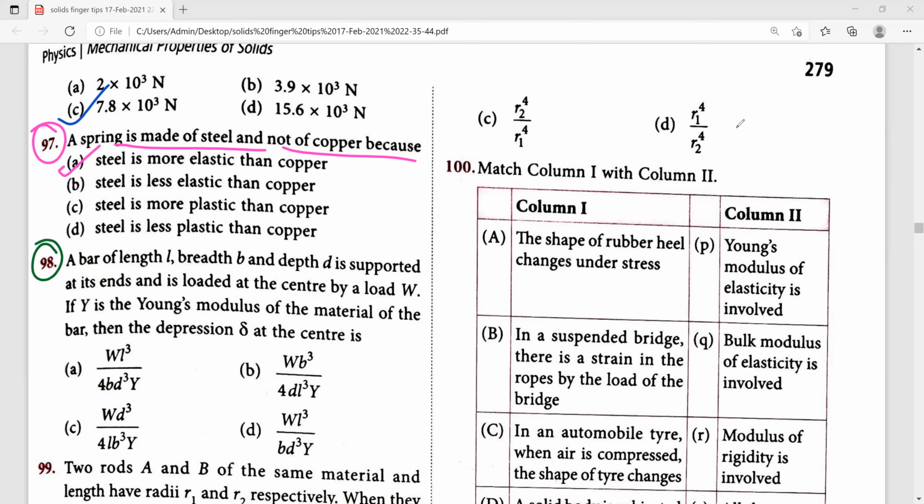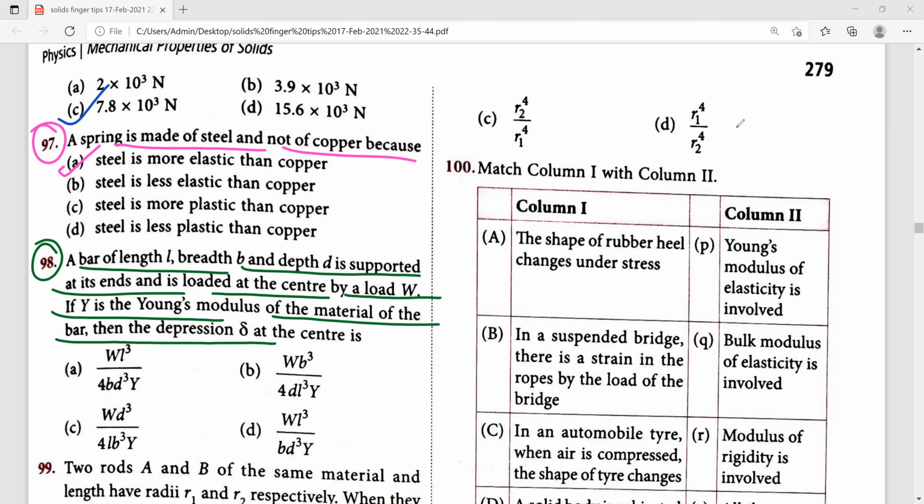98th one. A bar of length L, breadth B, depth D is supported at its ends and is loaded at the center by a load W. If Y is the Young's modulus of the material of the bar, find the depression at the center. We have already done a similar problem, but they have changed the question slightly.